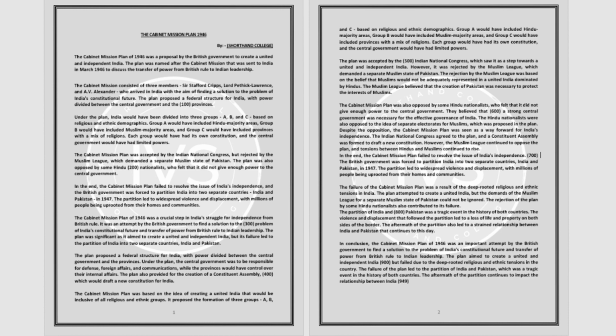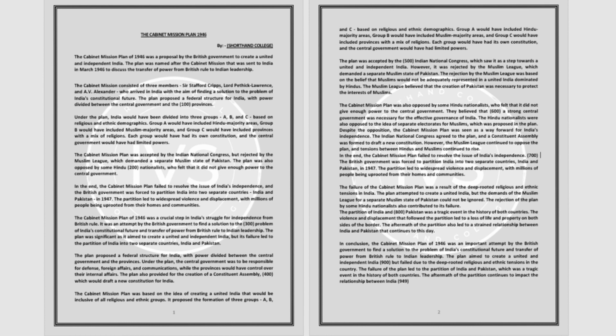The Cabinet Mission Plan was also opposed by some Hindu nationalists who felt that it did not give enough power to the central government. They believed that a strong central government was necessary for the effective governance of India.